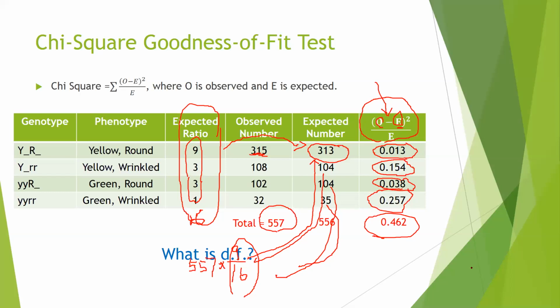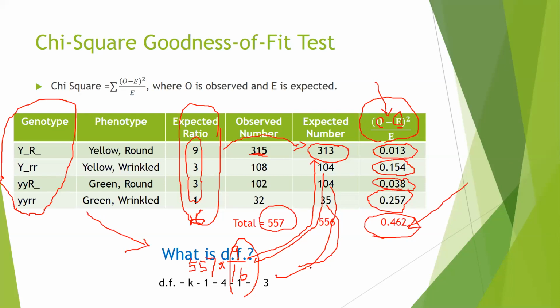So this is a chi-square test. You need to calculate the chi-square statistic, which is here. But to calculate the p-value, you need another thing, which is the degree of freedom. In this case, we have 4 phenotypic categories, which means the degree of freedom equals 4 minus 1.